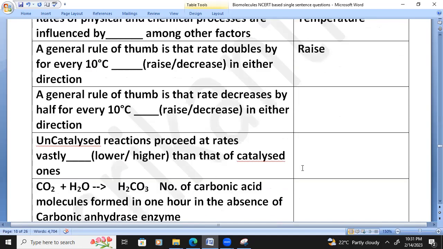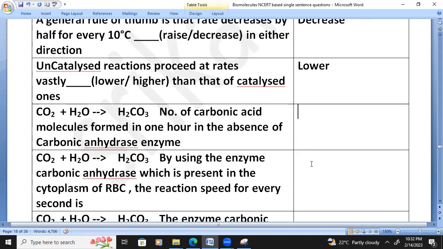Uncatalyzed reactions proceed at rates vastly lower.